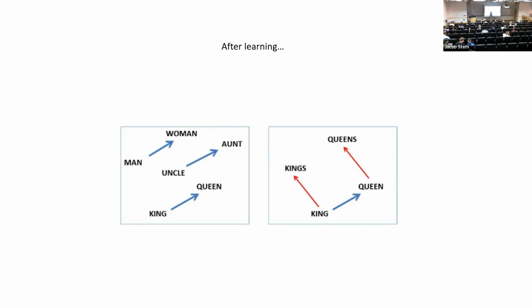And so you can imagine doing multiple layers of arithmetic with these vectors, where you take the vector king and you subtract the vector for man, add the vector for woman, and the nearest vector to this sum of vectors happens to be the vector for queen.